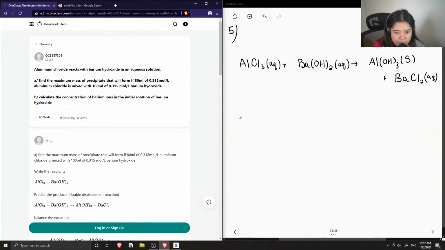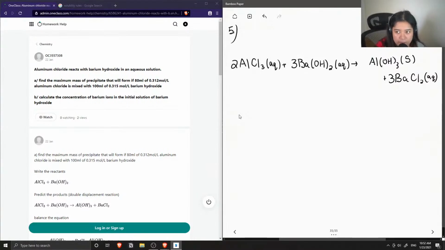So for example, we need to put a 2 in front of the aluminum chloride and 3 in front of the barium chloride. And we need to put a 3 in front of the barium hydroxide and a 2 in front of the aluminum hydroxide. So now if we look at all of our compounds, everything should be properly balanced.